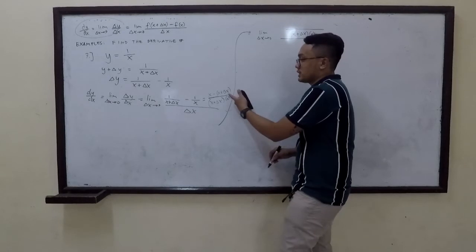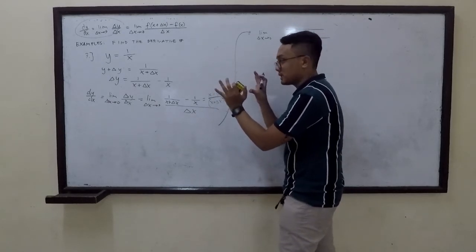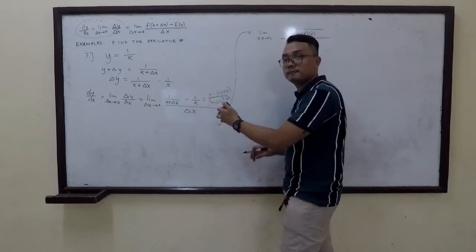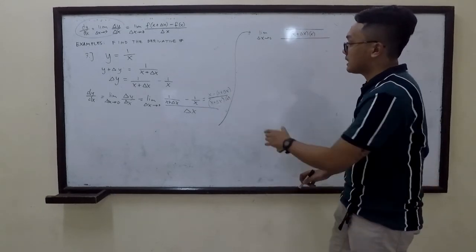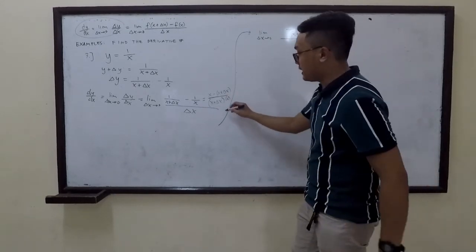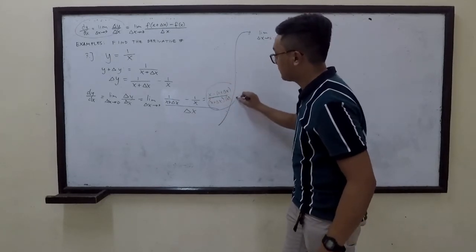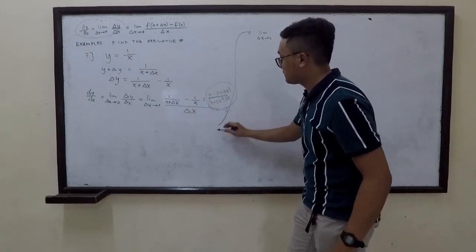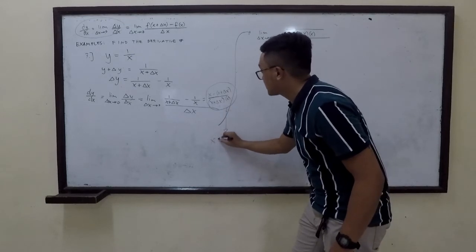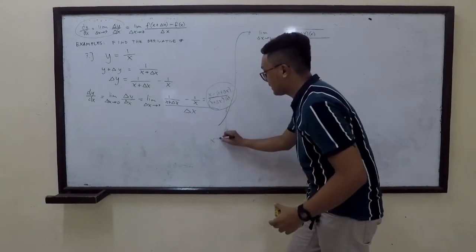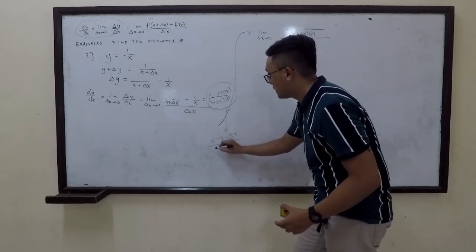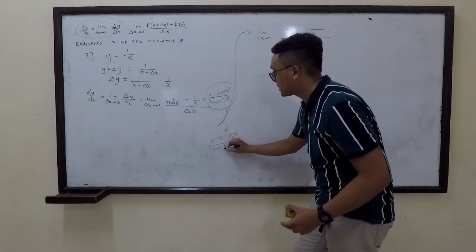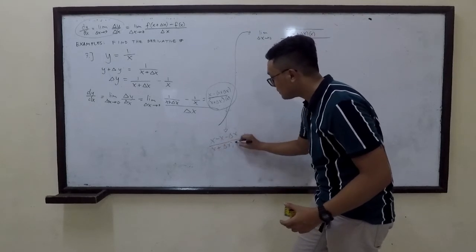Then, notice na nilagyan ko siya ng parenthesis para sa pag-distribute ng negative, dahil two terms. Okay? So simplified, we have x, distribute the negative, minus x, minus delta x, over x plus delta x, times x.